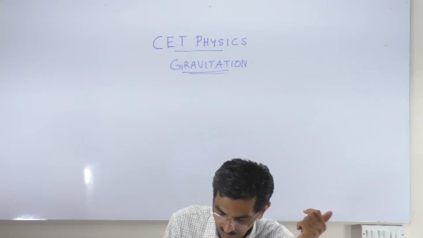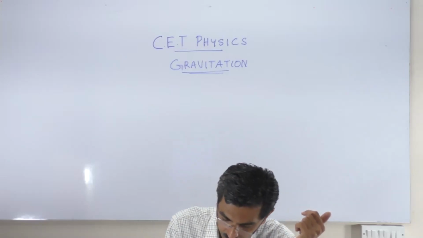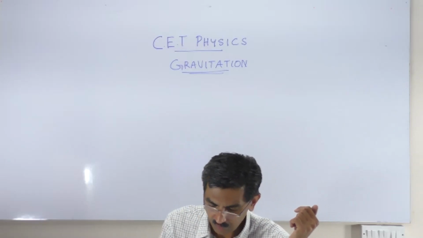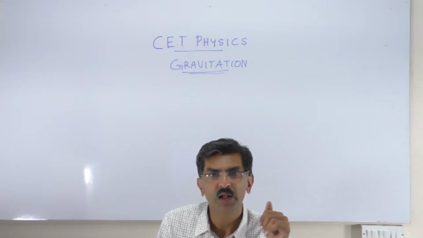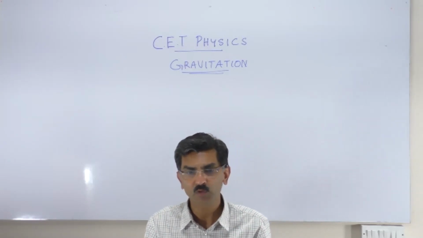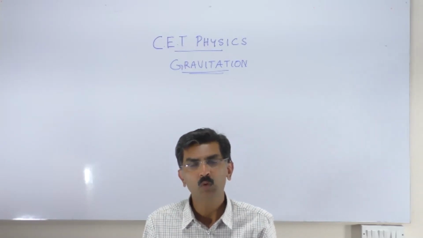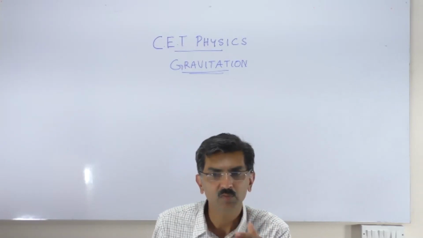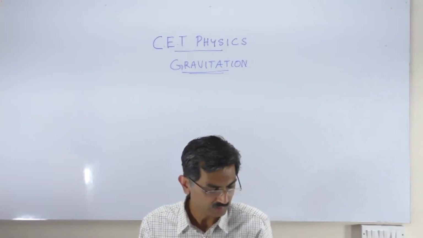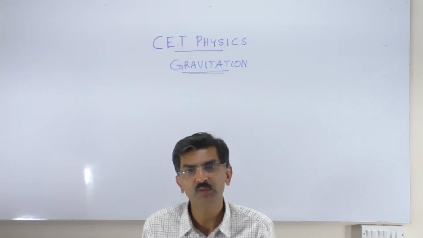And that is how we get this equation. And then the potential energy is given by GMm by r and the kinetic energy by half mv square. The value we are trying to find out is v, the velocity. And when you solve for v, you get 7.9 kilometers per second.